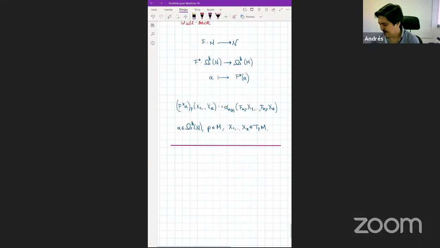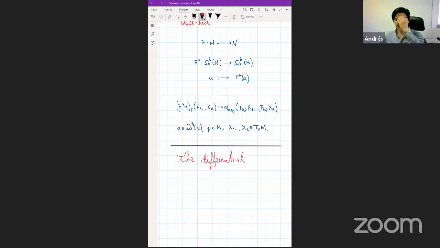Now, I thought that was enough, but I want to continue with the differential. Okay, now first I would like to remind you of this in Rn, because in Rn we have global coordinates.